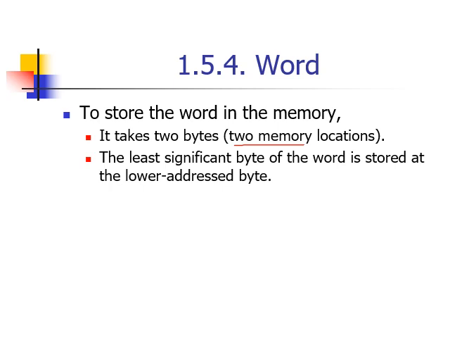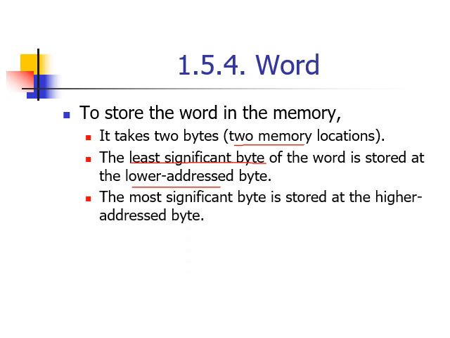Do you place the high byte or the low byte, the least significant byte, in the lower address byte or the higher address byte? You can store your lower byte in the lower address byte and the higher byte in your higher address byte, and we call this the little Indian format. All right.